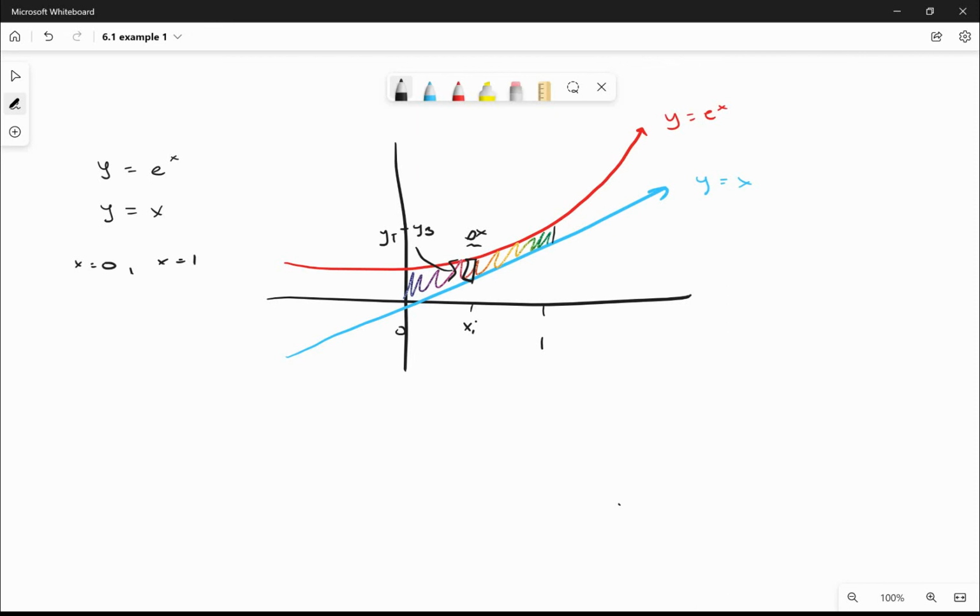And so our area is just going to be the integral from a to b of yt minus yb, integrating with respect to x, right?